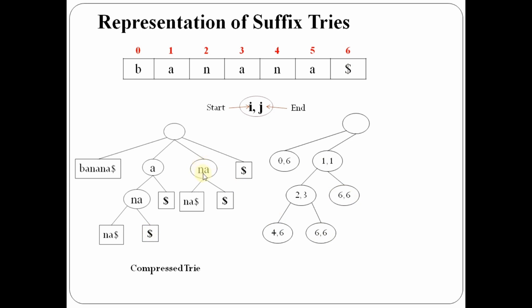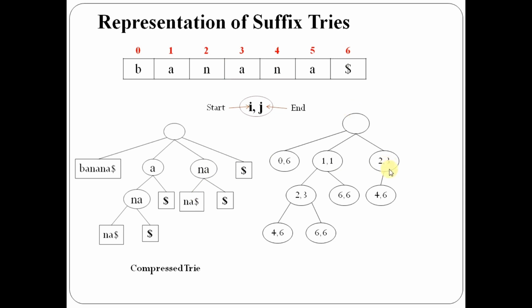Now let us consider the representation for the NA. This NA starts from location 2 and ends at location 3. Now NA dollar starts from location 4 and ends at location 6.